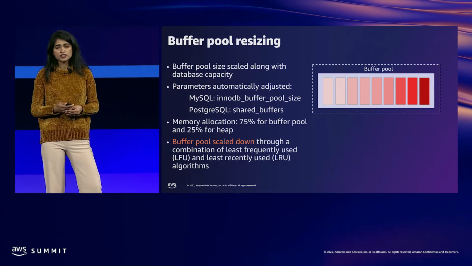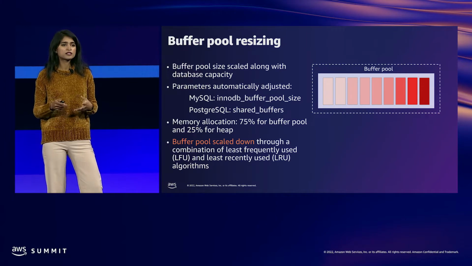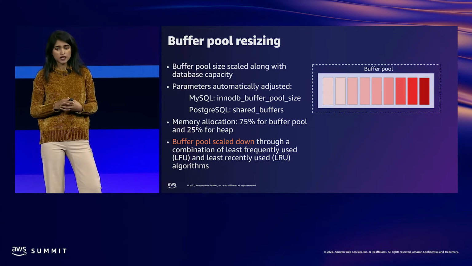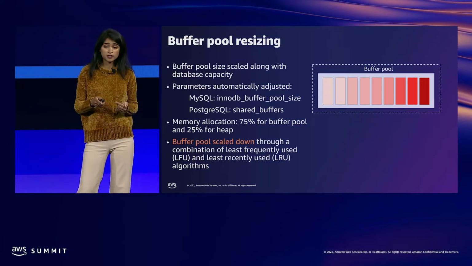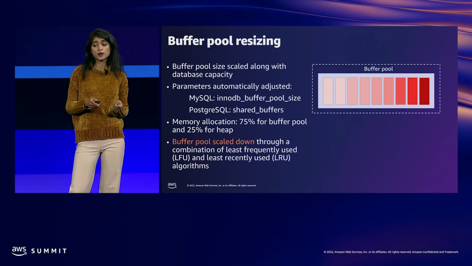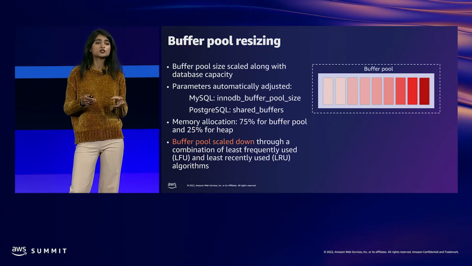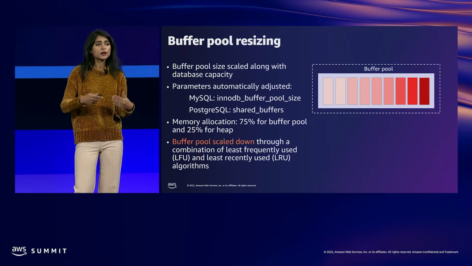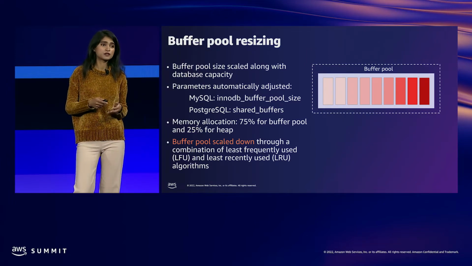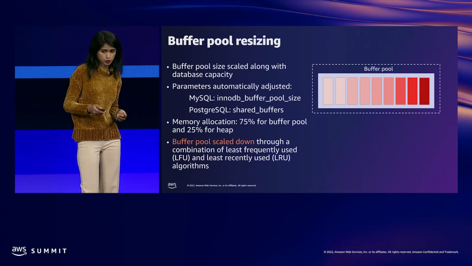Now, let's talk about buffer pool and how buffer pool resizing happens. The buffer pool is your main cache in your database, and it is also scaled when we change database capacity. For MySQL, you have the InnoDB buffer pool size, and for Postgres, you have shared buffers. We manage these two caches for you, because when we're changing capacity, we are increasing and decreasing the size of the buffer pool depending on what your workload requires.